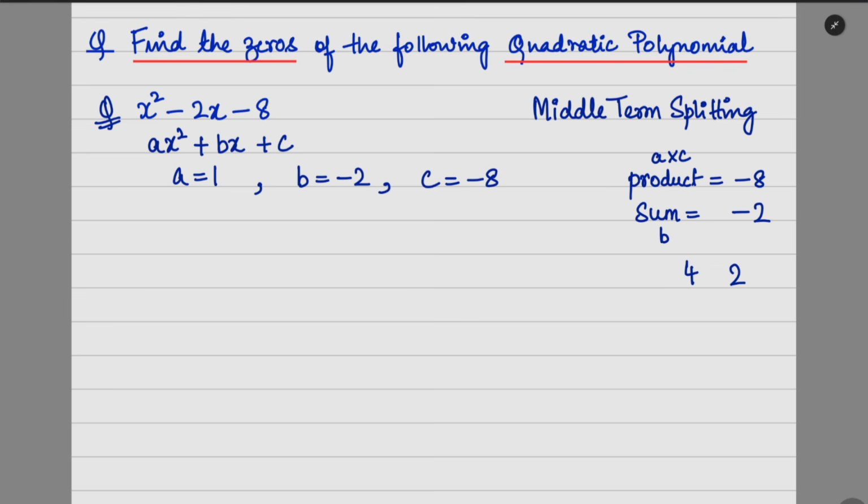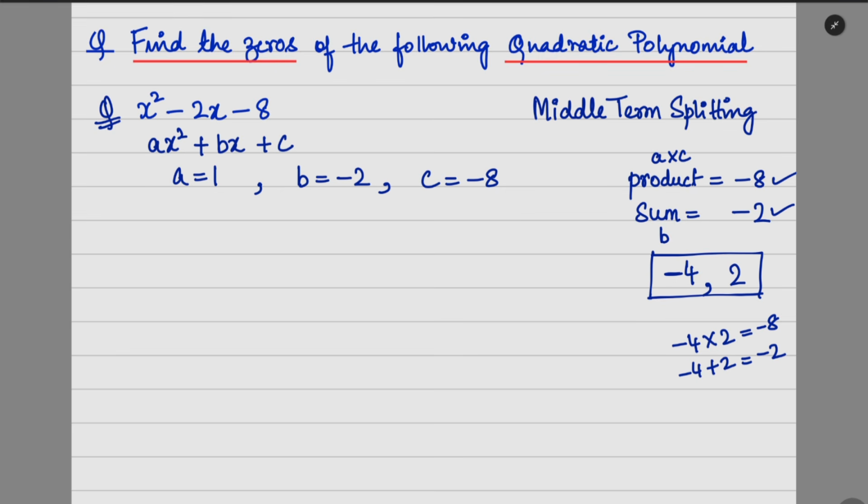But you need to have a negative sign, and when you add those two numbers, your sum should be minus 2. So I'll put a minus here, because minus 4 multiplied by 2 will give you minus 8. This is satisfied. And minus 4 plus 2 will give you minus 2. This is also satisfied. And these are the two numbers.